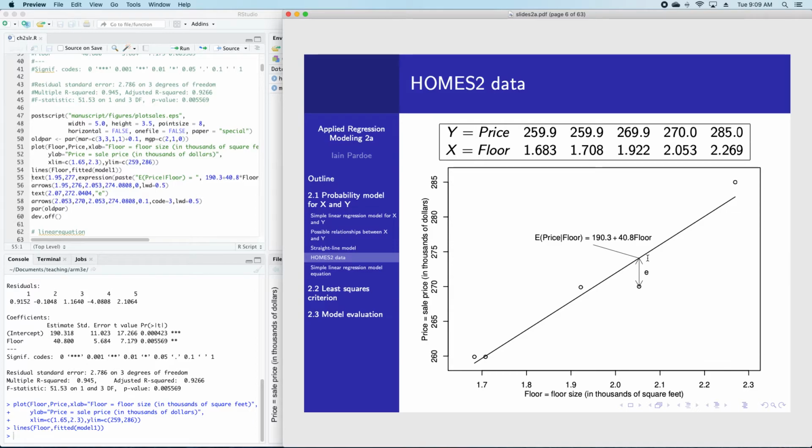The difference between the two, the actual sale price, which is the plotted point, and the predicted sale price, which is the point on the line, is the random error piece of the model. So that's what I mean when I say you can see everything that's going on in this graph.